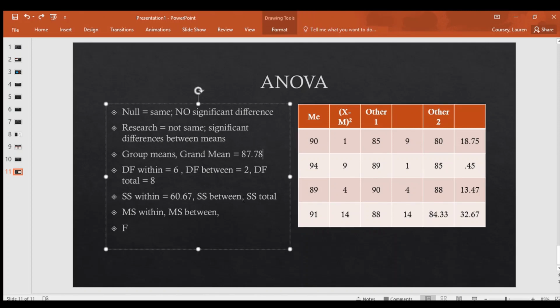So we would take our group mean of 91 and subtract our grand mean of 87.78. And we would square that value. So we would take 91 minus 87.78 and square that, which would give us 10.37.